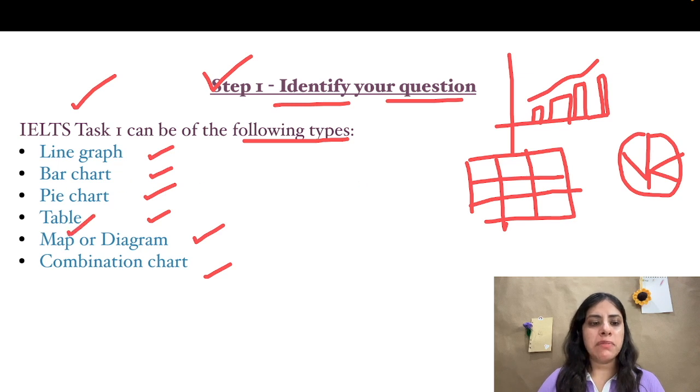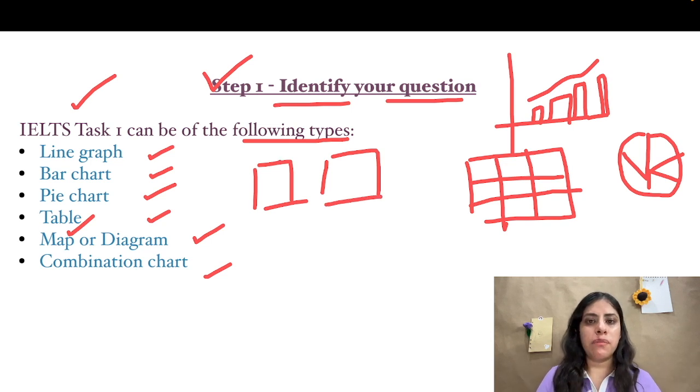Now, a map is basically a layout which is given to you. It's of two types. The first one can be a layout of the past, and the second one can be a layout of the future or present, and you have to compare and demonstrate the changes that happened. Whereas a diagram can be a process or a cycle which is given to you, and you have to break it up into steps and describe that particular process.